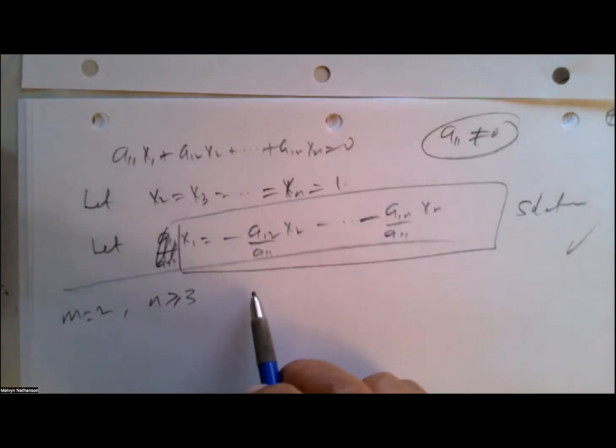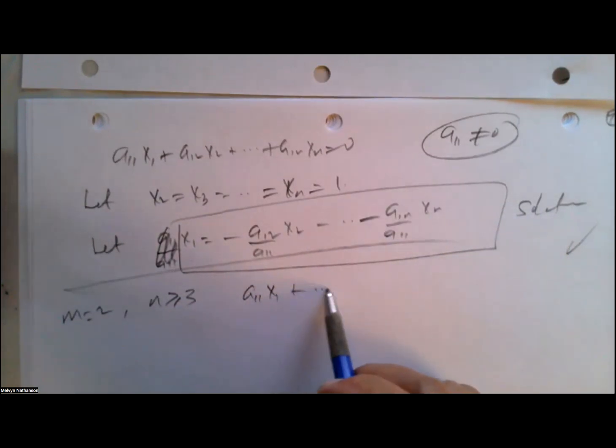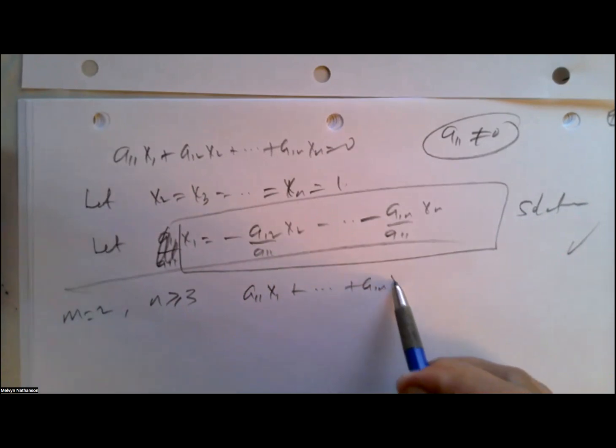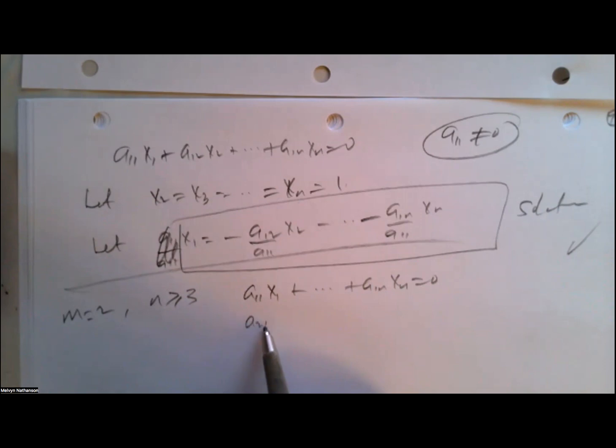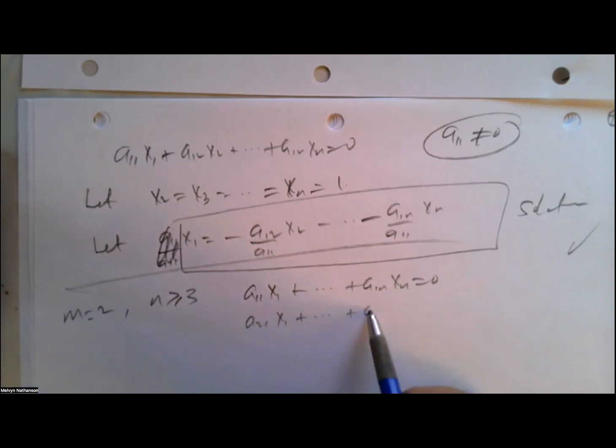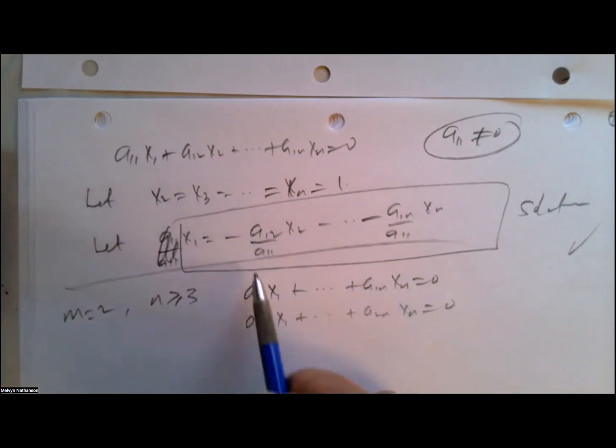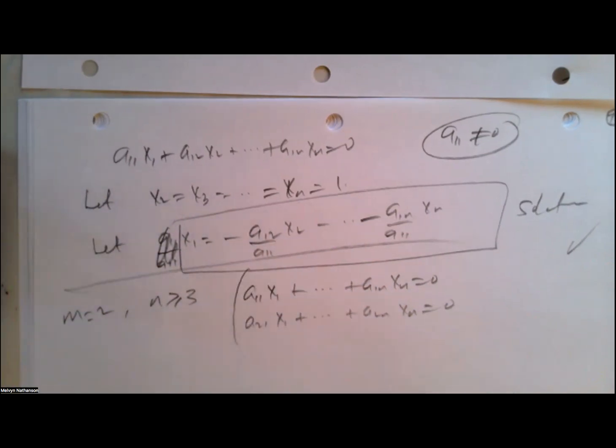So we have two equations in our system: A11 x1 to A1n xn equals 0, and A21 x1 to A2n xn also equals 0. I need to show that this system has a non-trivial solution, a non-zero solution.